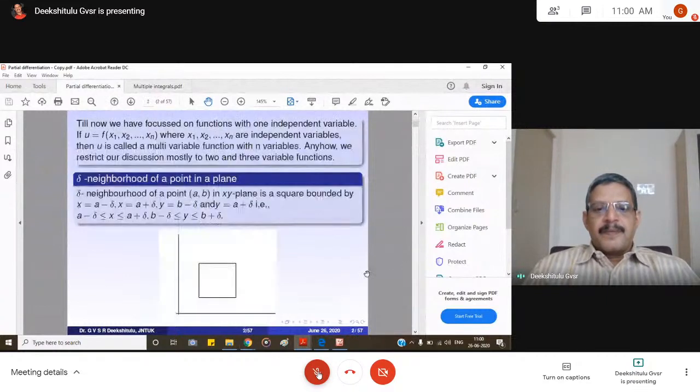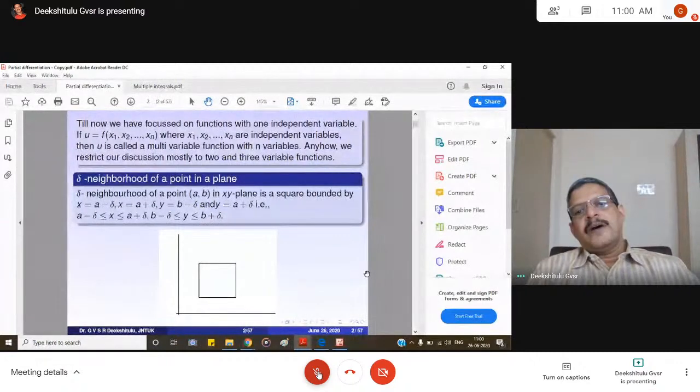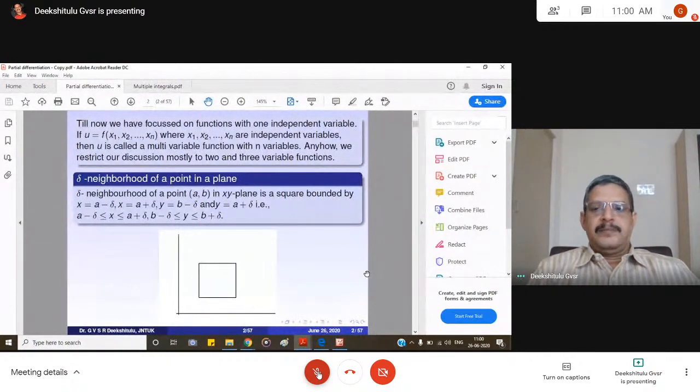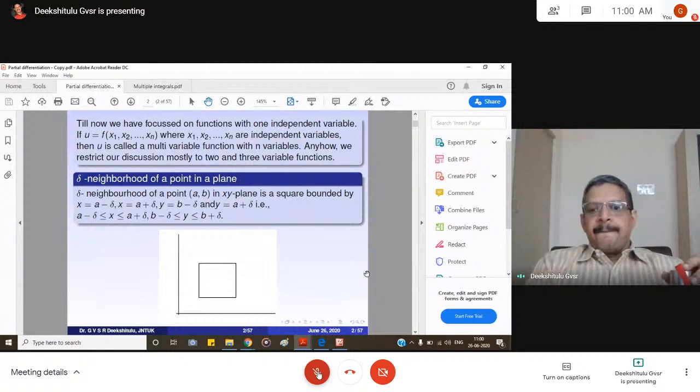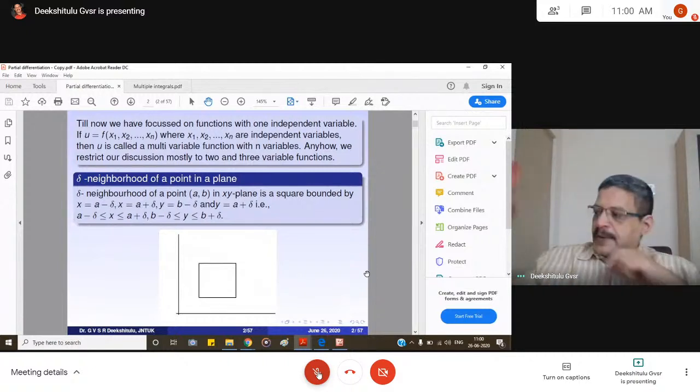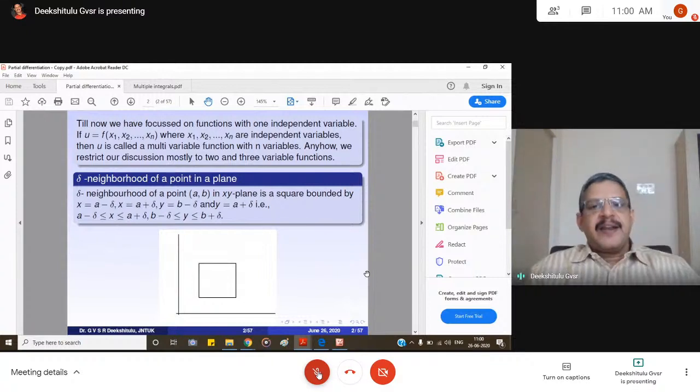Till now we have focused on functions with only one independent variable. Just now we have seen in the previous slide the volume of a circular cylinder, V is equal to pi r square h.